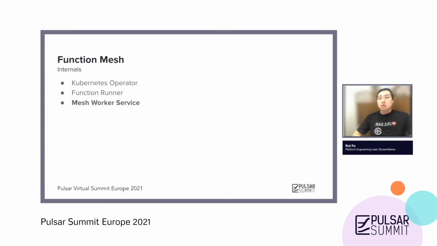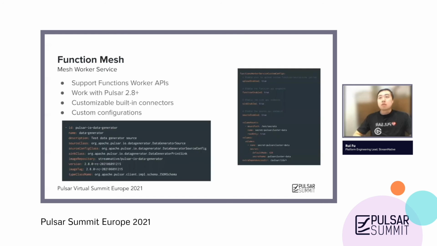And lastly, we will talk about the Mesh Worker Service. Mesh Worker Service is an implementation of Pulsar's worker service interface, and it can be used as a plugin along with the Pulsar workers. It basically forwards the functions worker API requests to the Kubernetes cluster and directly operates on CRDs.